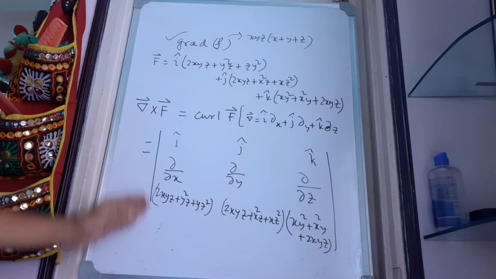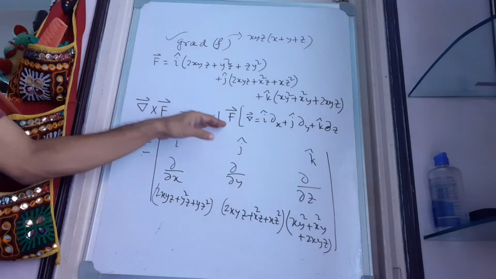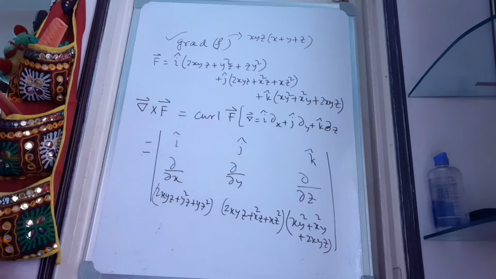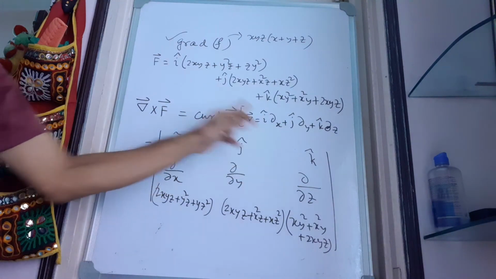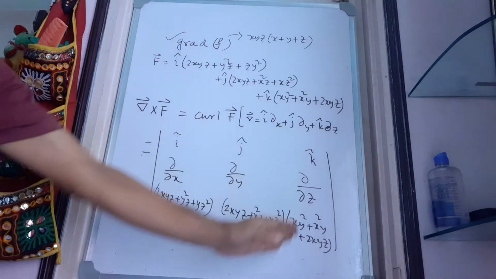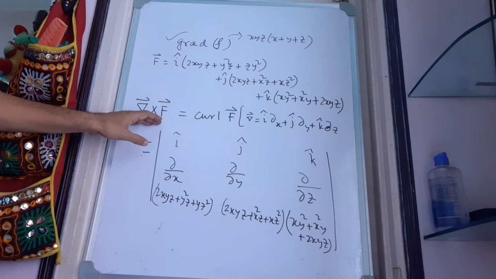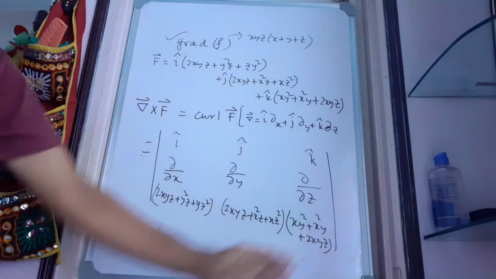So, this determinant gives us the value of del cross F, which is known as the curl of F. We write i cap, j cap, k cap and the components of del in the first, second and third columns, and then the components of F in the rows.